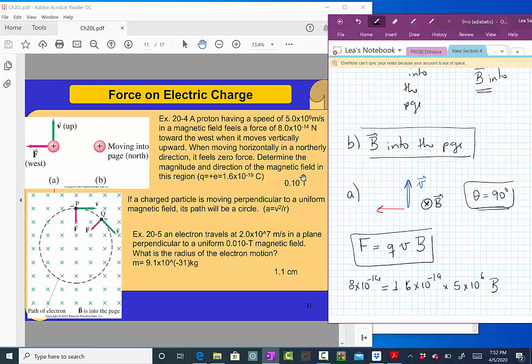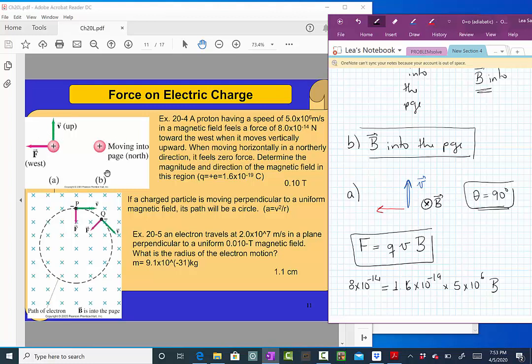So again I repeat, only part A of the problem does not tell us for sure what the direction of the magnetic field is. It suggests that the magnetic field is somewhere going into the page, but we don't know yet if this field is exactly perpendicular to the velocity.